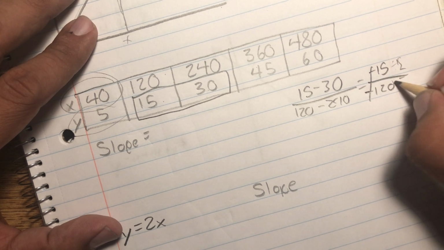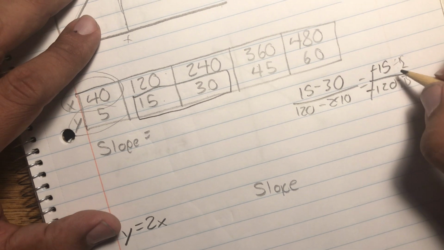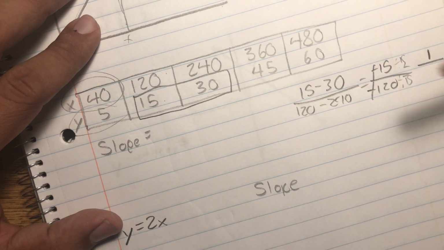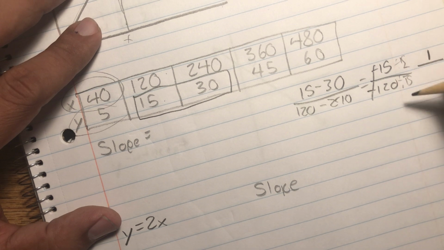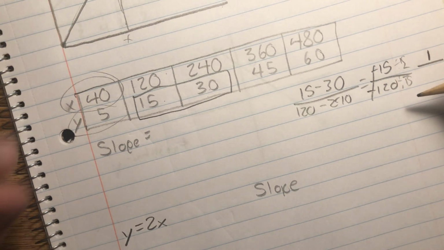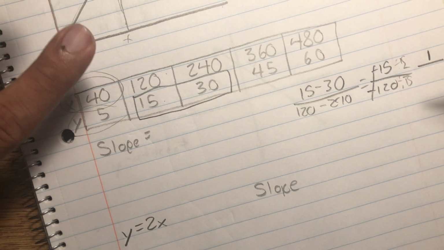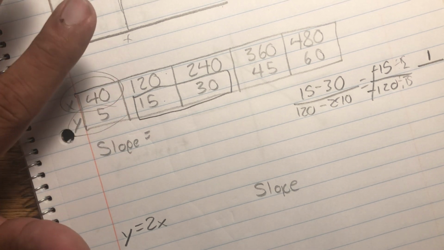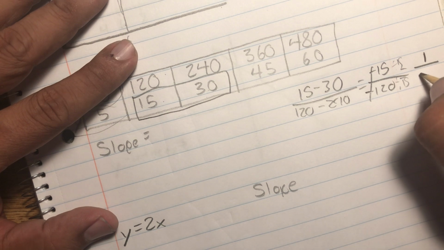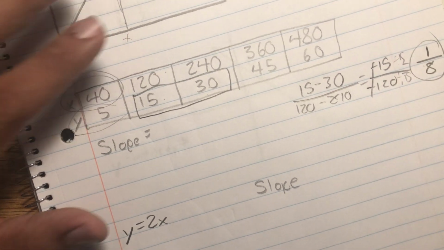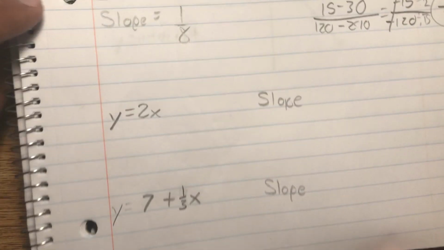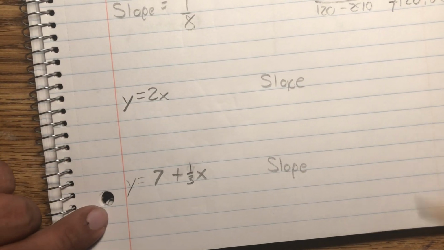So if I divide them both by 15, the slope is going to be 1 over 30 is 2, 60 is 4, 90 is 6, 120 is 8. So 8. There it is. The slope is 1/8. Now these are much easier, but for some reason people have a huge issue with it.